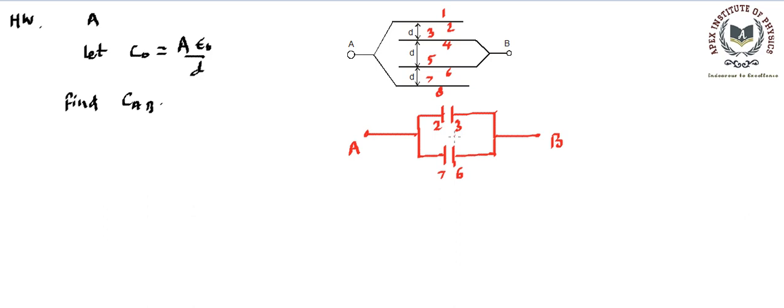Now still we have some faces left, like 4 and 5. If from this we connect face 4, let's say that's face 4, and there's going to be face 5 connected to B, but this 5th is also connected to B. So you'll find the potential difference across this 4, 5 capacitor is going to be 0, because this is the same conductor, right?